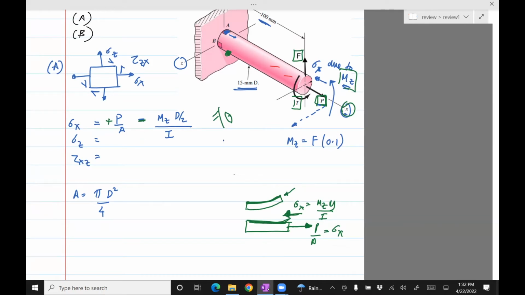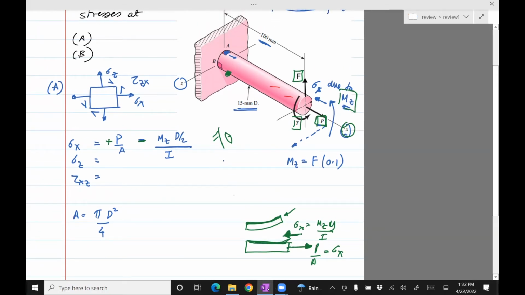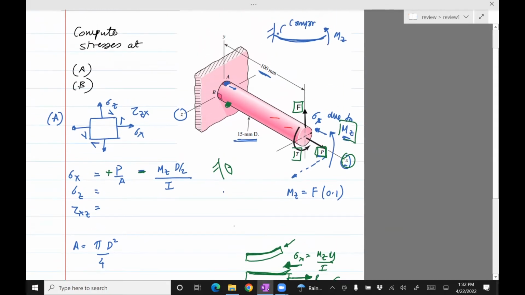And then if our moment is on the y-axis, how does our beam bend? In this case, our moment is along the z-axis, so our beam bends like a U shape. If it's on the y-axis, it will be a U again, but in a different plane.